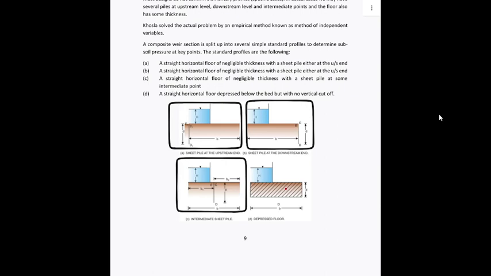So in the case of depressed floor, there are no piles in the structure, but purely a depressed floor. For starters, in the upstream, the uplift pressures are maximum because that is where we have the highest hydraulic gradient.